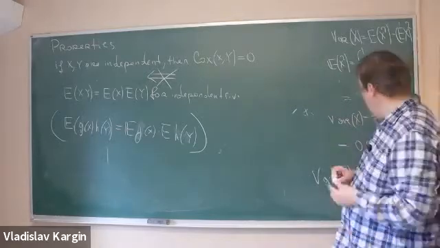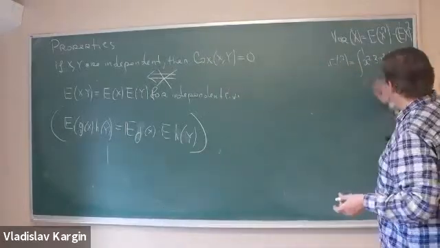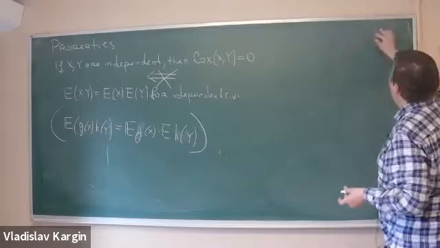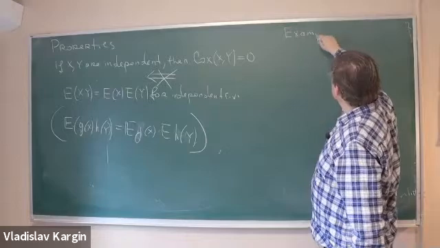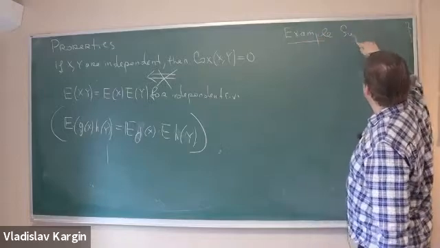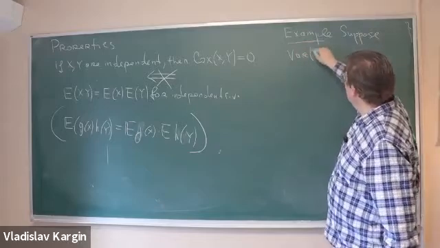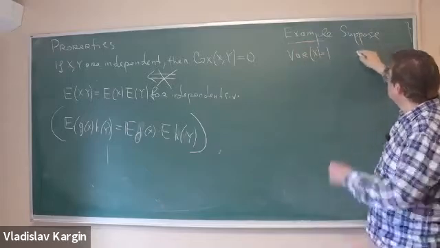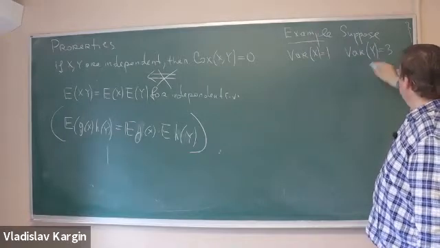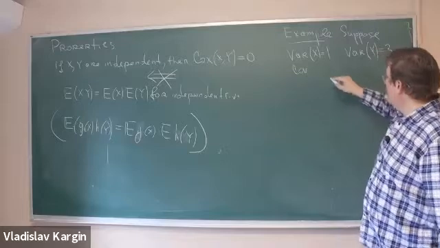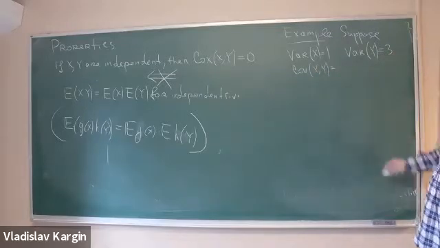Suppose the variance of x is equal to 1, the variance of y is equal to 3, and the covariance of x, y is equal to, say, -1.